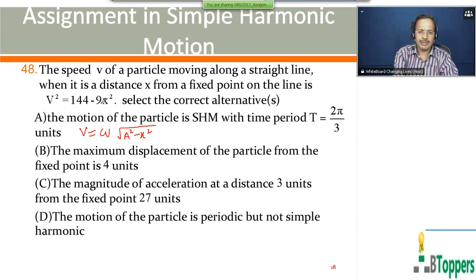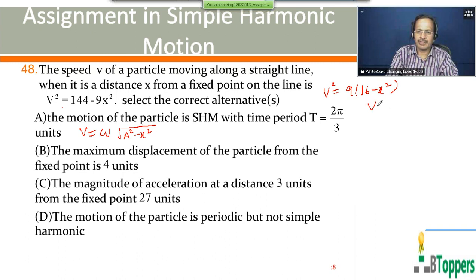To make the coefficient of x square numerically equal to 1, we take 9 common here. So v square, you can write 144 as 16 into 9, so 9 into (16 minus x square).